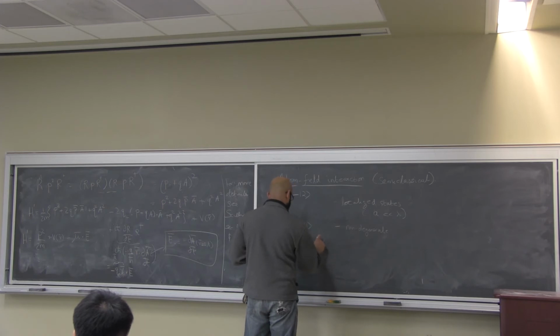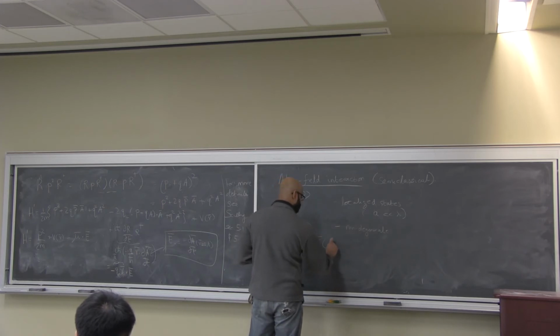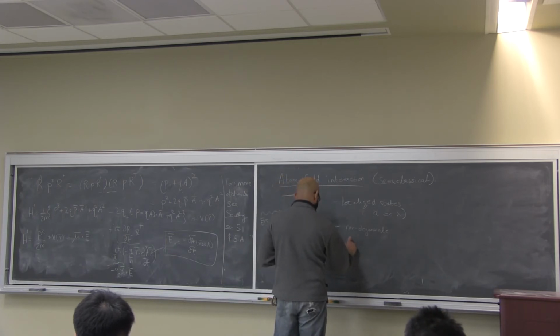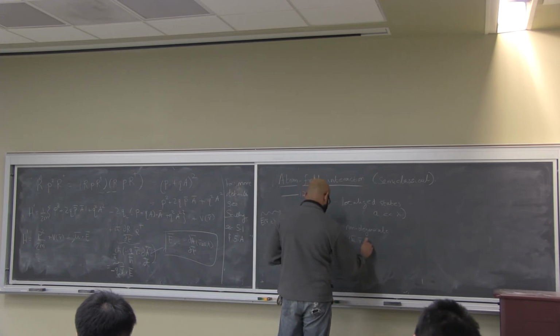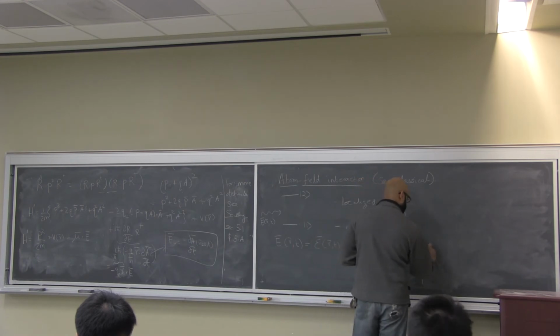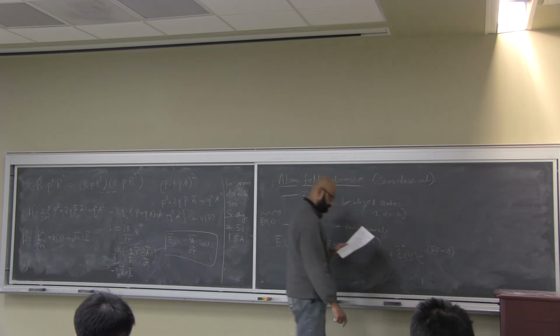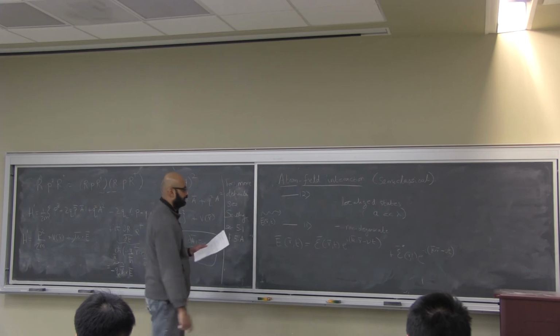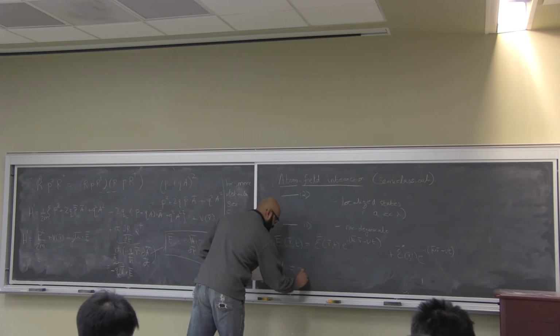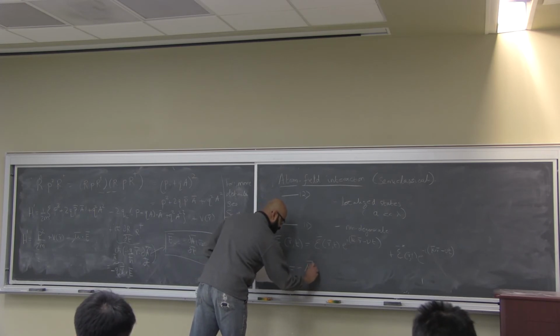It might have in general some polarization, some slowly varying amplitude, e to the i (k dot R minus omega t), plus the complex conjugate, E star of R, t, e to the minus i (k dot R minus omega t). Okay. And our interaction Hamiltonian V or whatever you want to call it is minus dipole moment mu dot E.